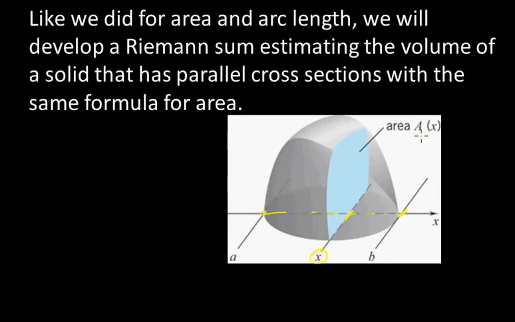And that cross-section has a common area formula. If that's the case, then we'll see how we can develop a Riemann sum and find a formula for the volume of such a solid.